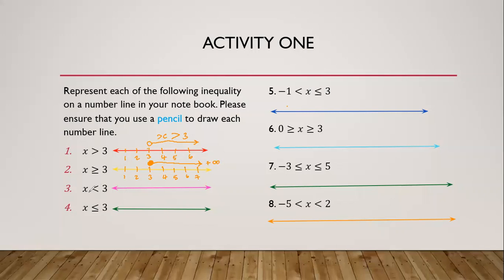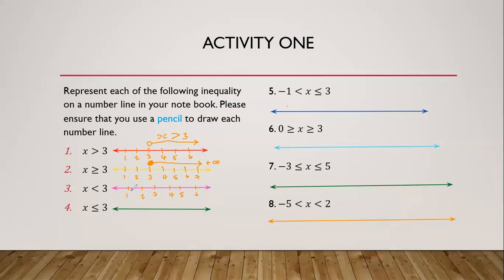Now for the next one here, we have x is less than 3. So again, indicate where our numbers will be on the number line. So here we would have, say, 1, 2, 3, 4, 5, and 6.